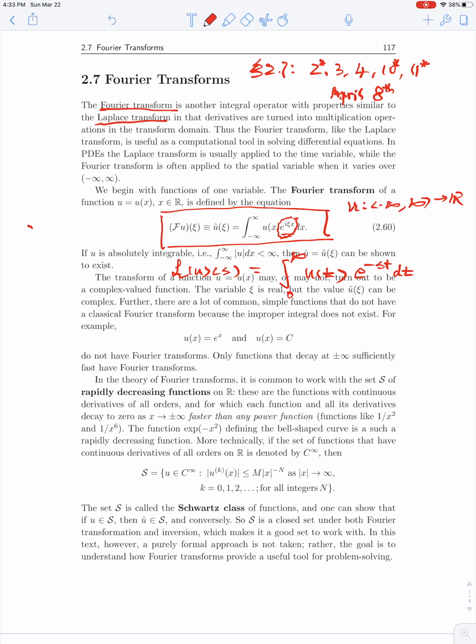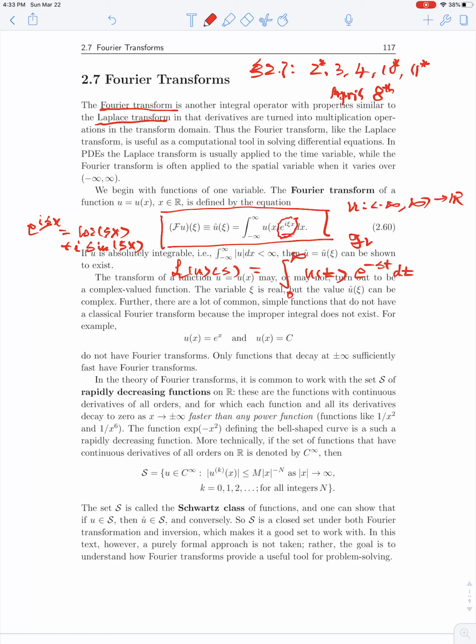Remember, e^(icx) is cosine cx plus i sine cx, if x and c are both real variables. So this is what you have here, the Fourier transform.